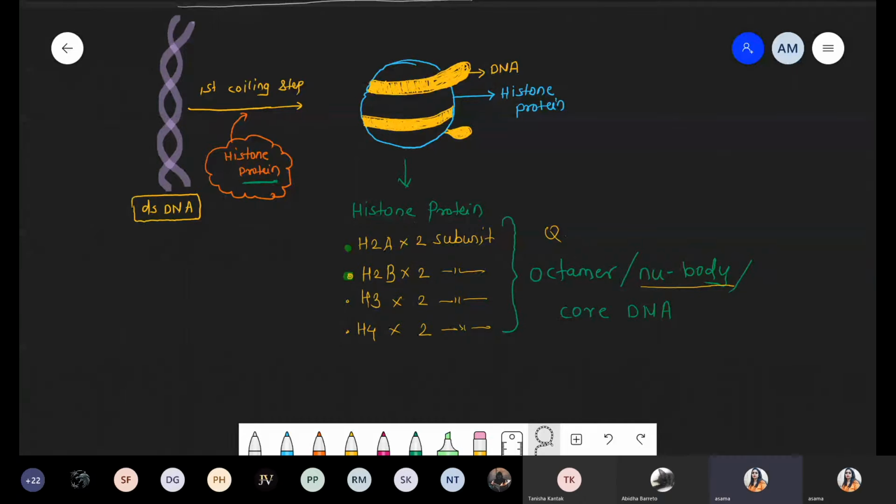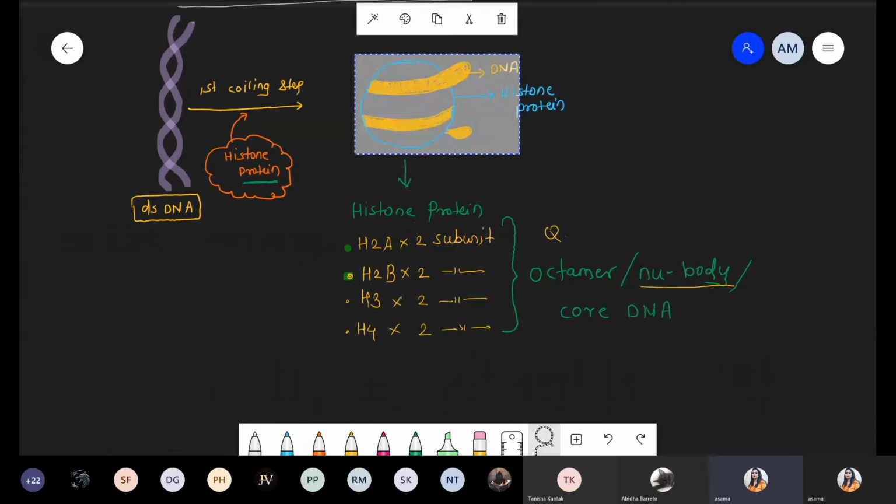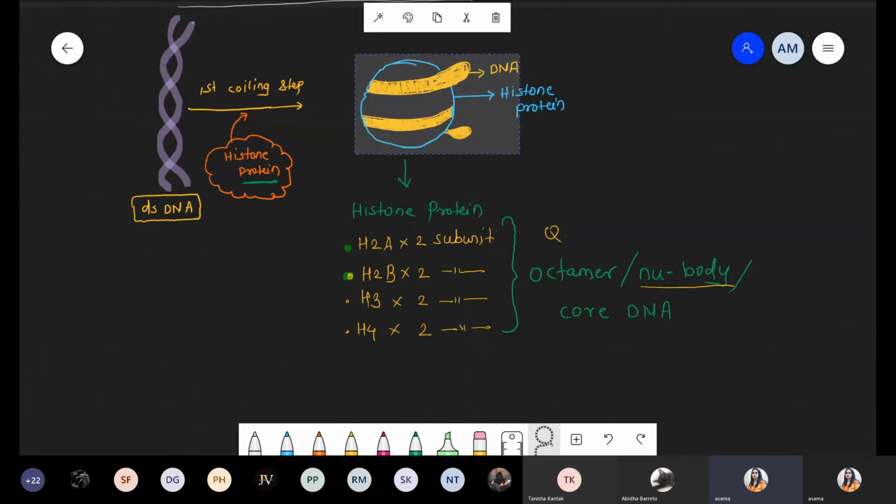Okay, so if you see this typical structure of the histone core protein, the DNA is coiled around the histone protein octamer, also called the core DNA, also called the nucleosome.